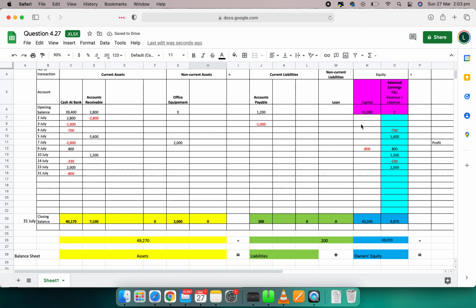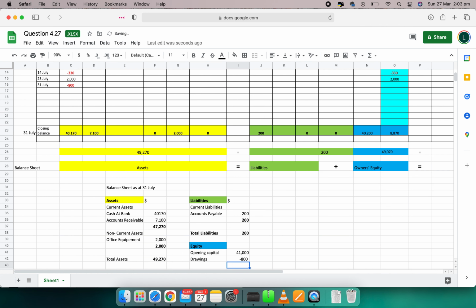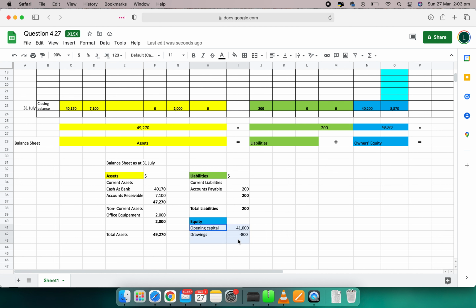Then of our capital, what's happened during the period is we've had some drawings. So I'm going to write drawings equals that. So if we sum those up, we can see that little sum, it's 40,200, and we can see the closing balance is 40,200. So these will equal the closing balance, but when we show our equity, we just want to show a little bit more detail than we have for our assets and liabilities.